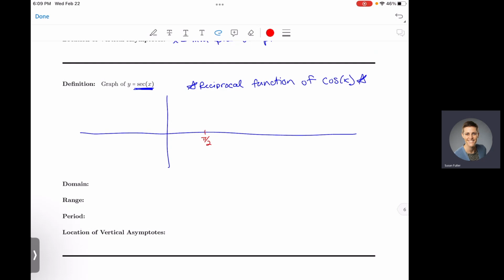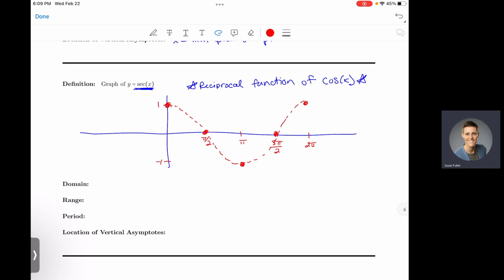So we got pi over 2, pi, 3 pi over 2, and 2 pi, and 1 and -1. Those are all of our landmarks. Cosine starts up high at 1, comes to the baseline, drops down to the bottom, comes back to the baseline, and ends back up at the top of your function. And so I'll dot that in. That's what the cosine function looks like.